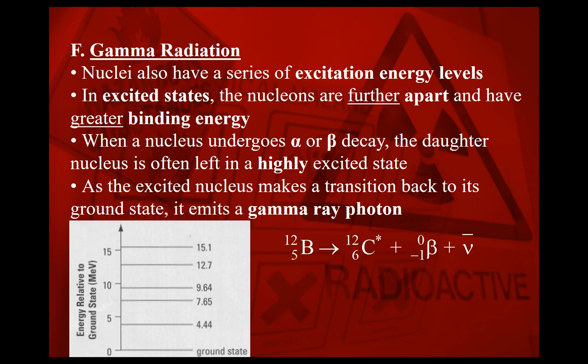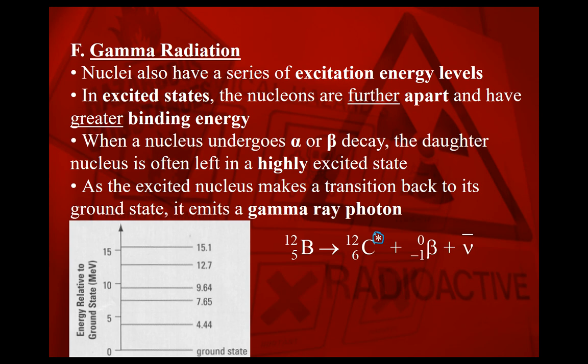This would be the beta negative decay of boron-12. In the beta negative decay of boron-12, your parent isotope, boron-12, would turn into carbon-12, and you would also emit an electron and an antineutrino. This little asterisk attached to the carbon is telling me that the carbon-12 is excited. So we've made this conversion, but the nucleons are not in an optimal configuration.